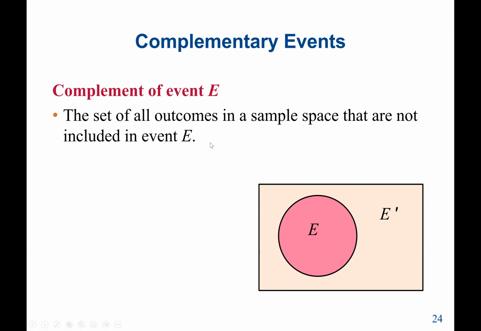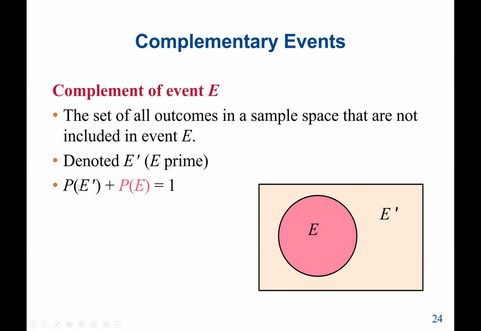So normally, if we know the event E, to find not E we take the universal or total probability, which is 1, minus the probability of event E. So let's say the probability of event E is 0.6, then the probability of the complement of E will be 0.4.